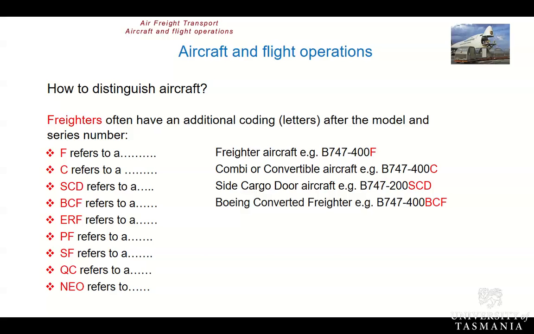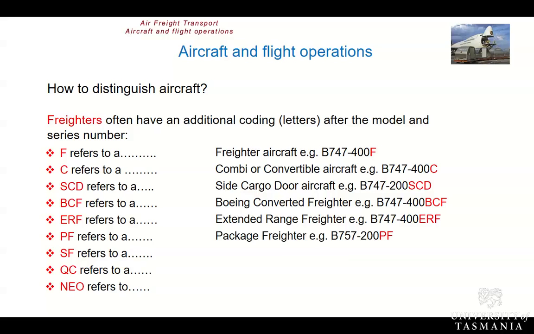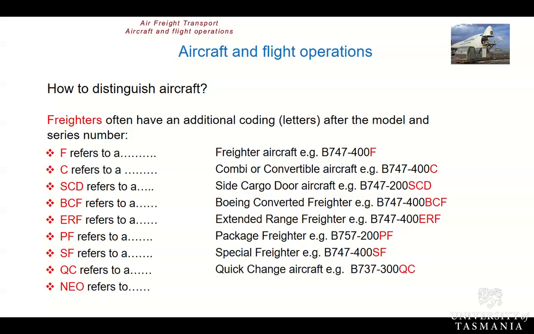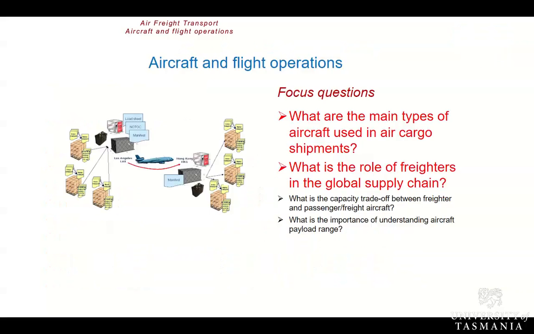BCF is a Boeing converted freighter, and so it goes on. Each of those designations just relate to a different type of freighter. A PF, a package freighter, a quick change aircraft, or a new NEO, a new engine option. So that just gives you some sort of sense on how you might distinguish between aircraft.